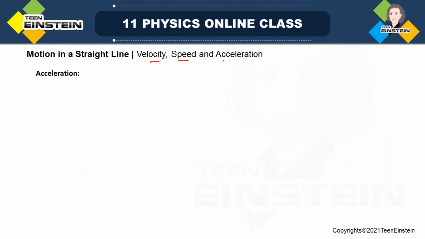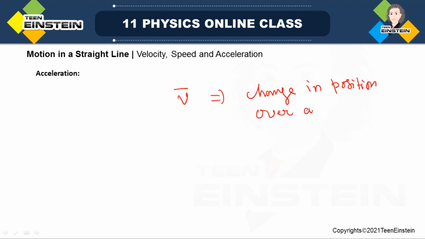Okay. Now today we'll learn what is acceleration. So velocity, average velocity, V average, I'll write by symbol. So V average was giving change in position over a time interval, then instantaneous velocity simply written as v.